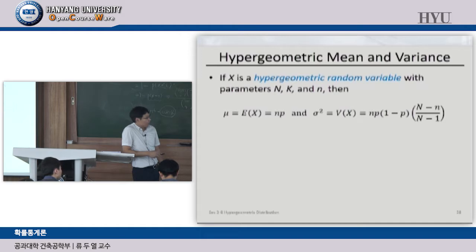Okay? That is the definition. And this is the binomial variance, right? And in this case, the probability of success is large K divided by N.